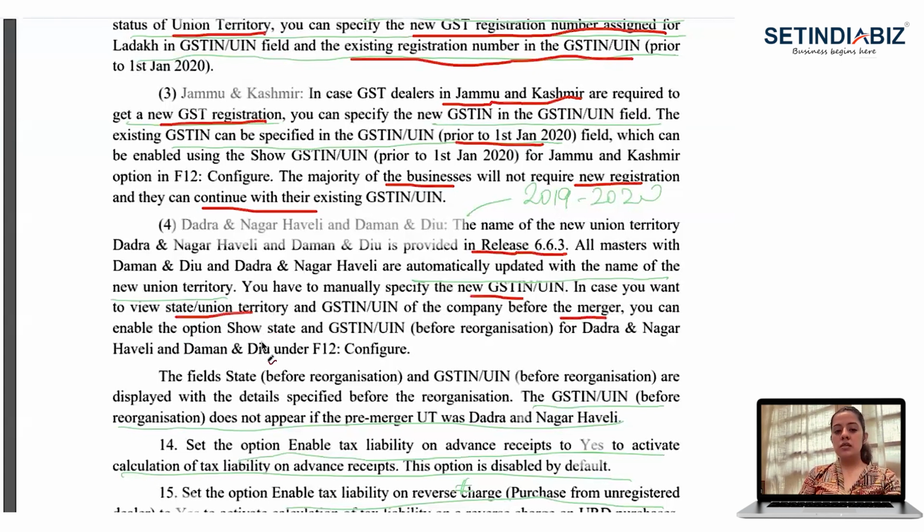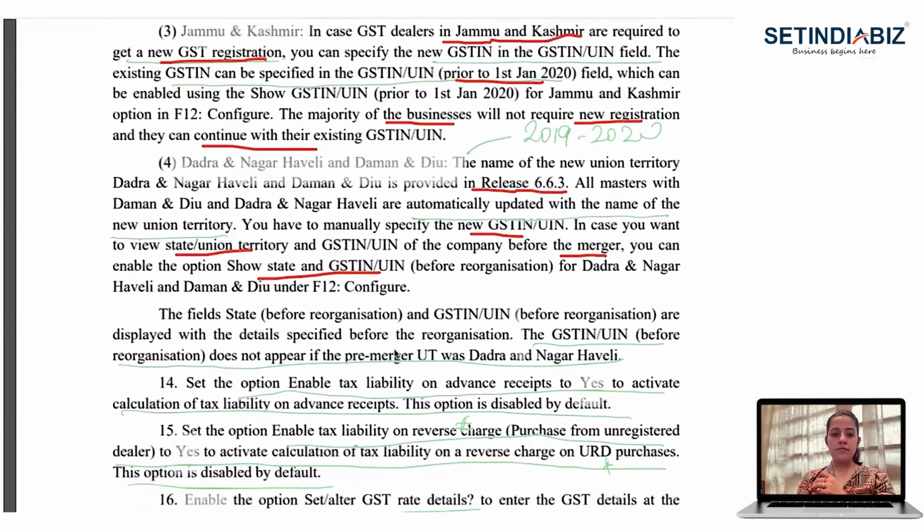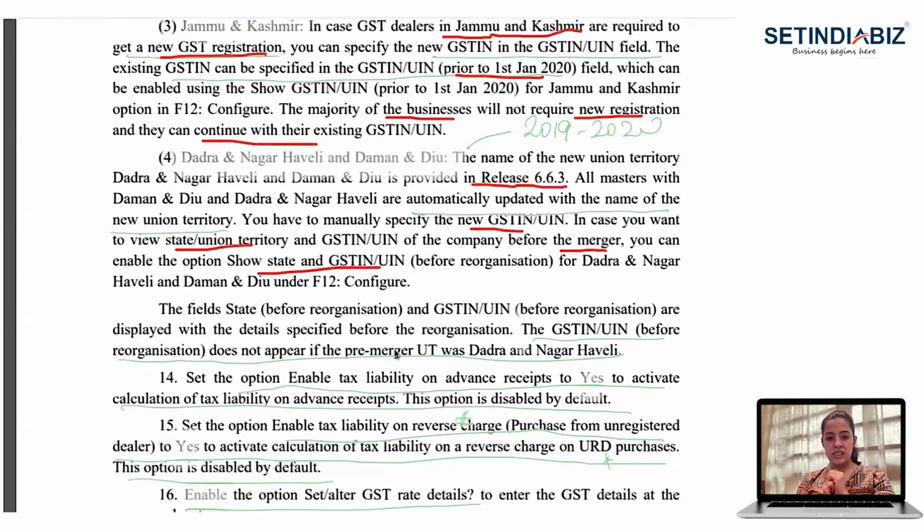You can also enable the show state and GST ID before reorganization for Dadra and Nagar Haveli and Daman and Diu under F12 configure. So they have been declared as separate union territories, and from Tally release 6.6.3, this option for separately registering their union territories for GST is available, not before this Tally release, and you have to manually specify their GST ID number, right?